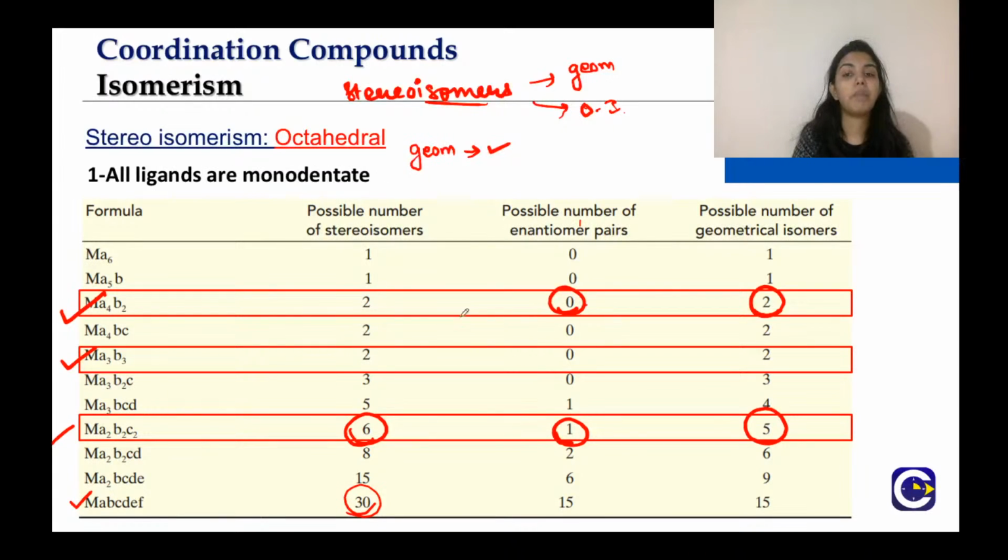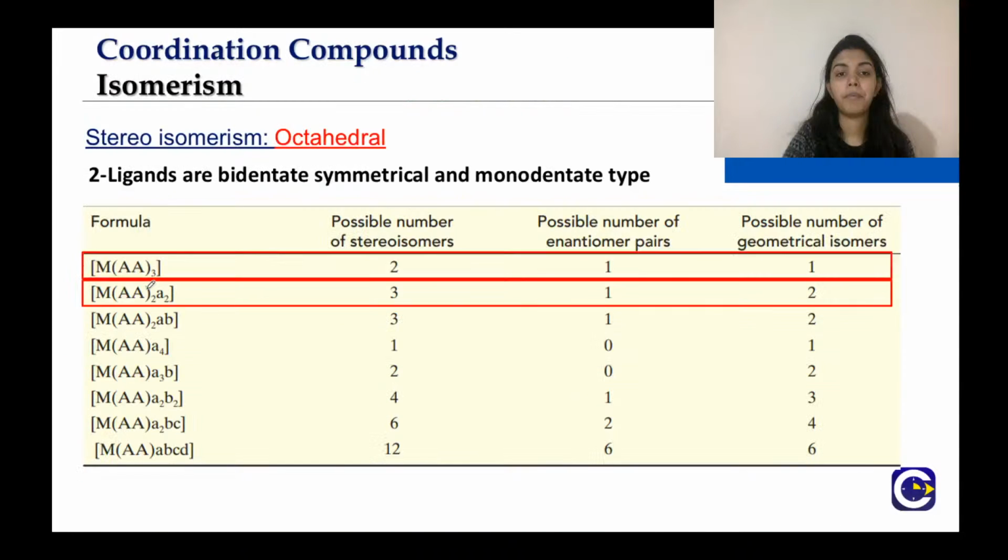So either you can remember this table as such, right? Or take each and every complex and find out the number of geometrical isomers through the angle method and the optical isomers through the plane of symmetry. Now next one is this MAA3 and MAA2A2.